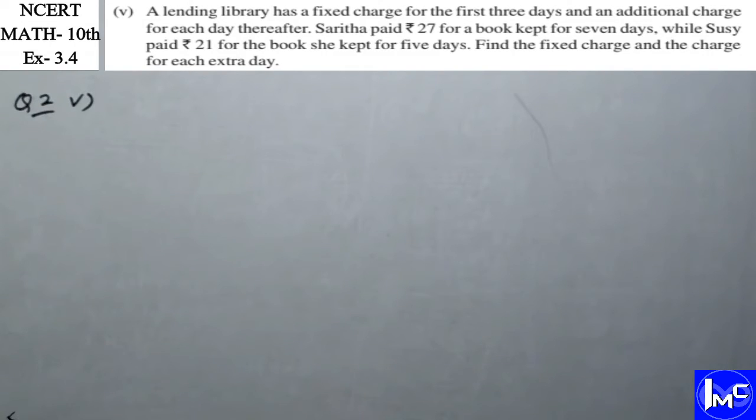Find the fixed charge and the charge for each extra day. We have to find two types of charges here. One is the fixed charge and the other is the charge for each extra day, and we will suppose these two types of charges as x and y.